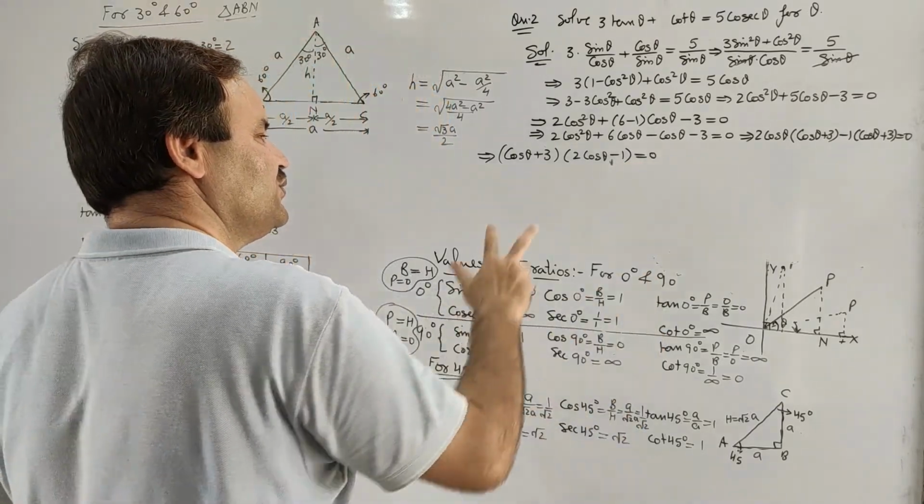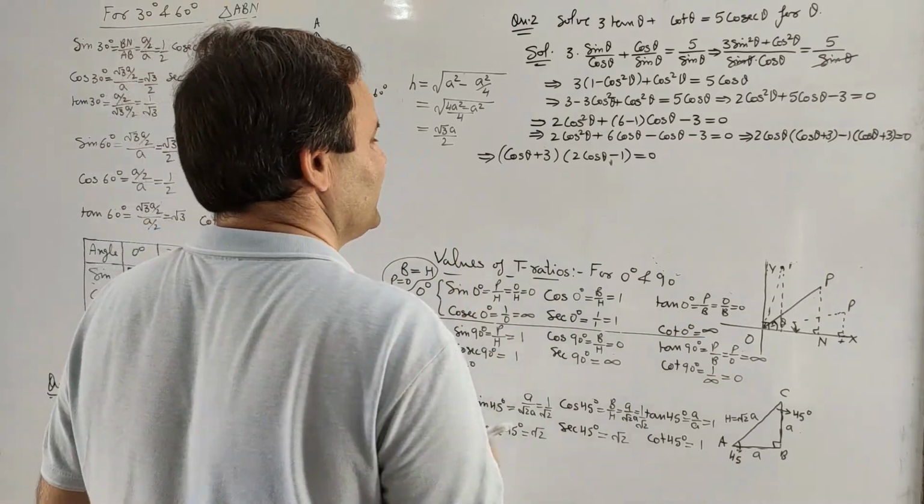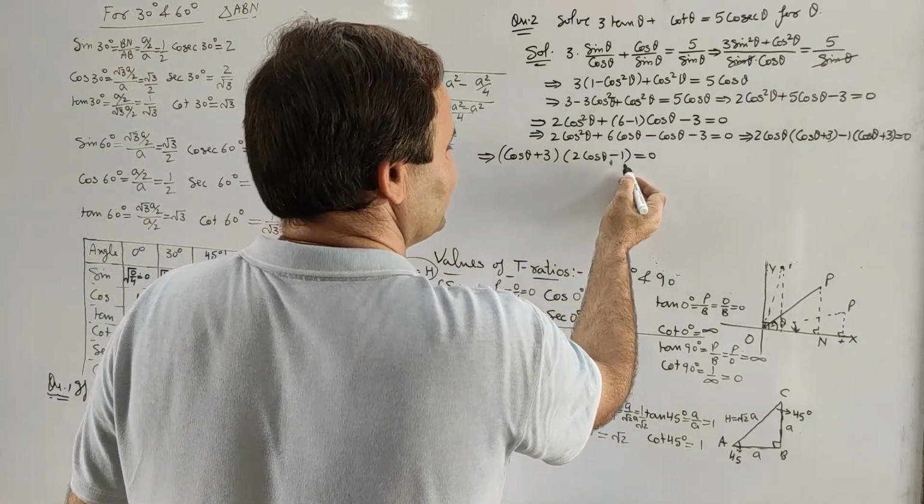And if the product of two factors is 0, then at least one of them should be 0. It means either this is 0 or this is 0.